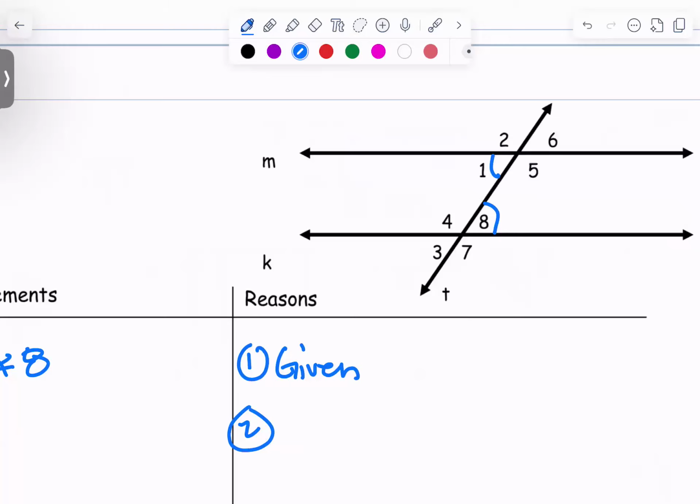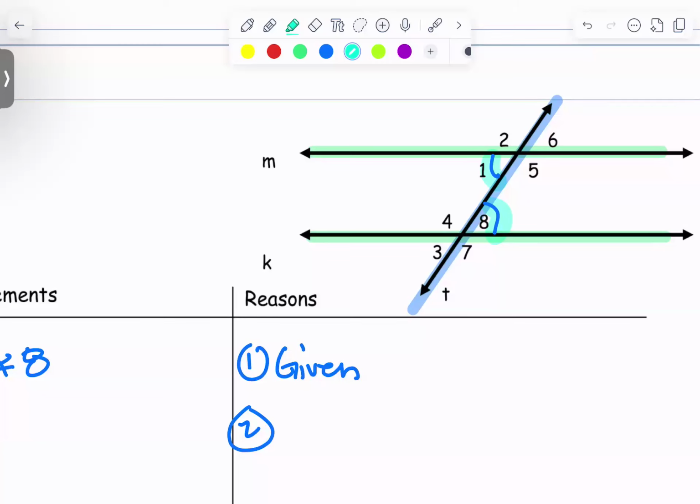Because if two lines, I'm talking about lines M and line K, are cut by a transversal line T, and alternate interior angles are congruent, angle 1 and angle 8, right? Then the lines are parallel.